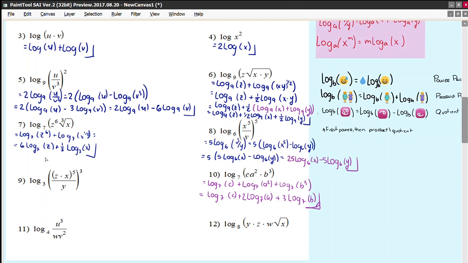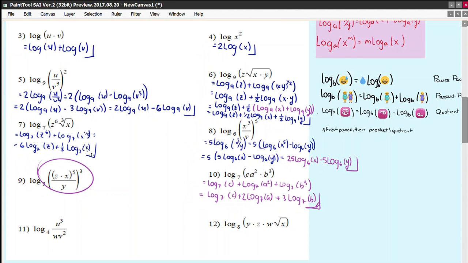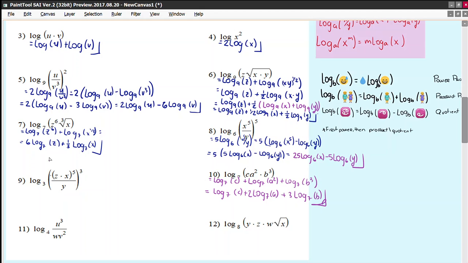In this exercise, notice that the first thing you have is something raised to the power of 3. So you have to pull that exponent down. So this is 3 times logarithm base 3 of z times x to the power of 5 over y. Now, in this logarithm, we have a quotient, so we have to apply the quotient property.